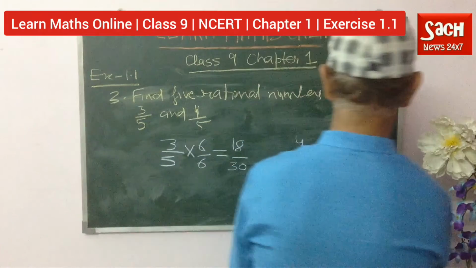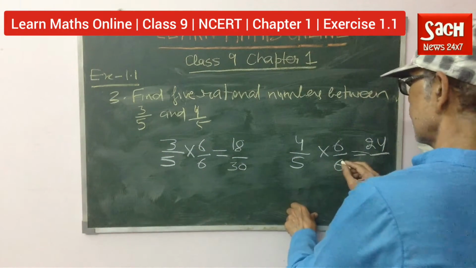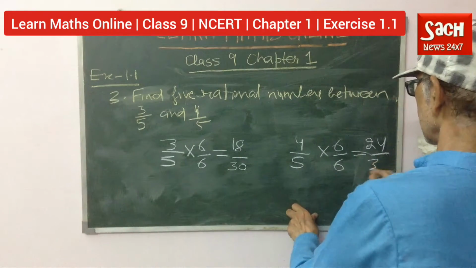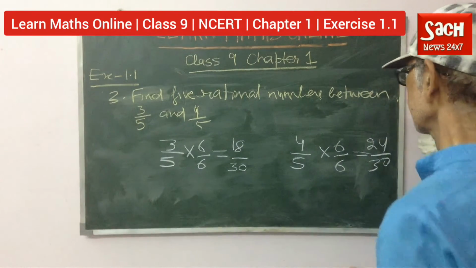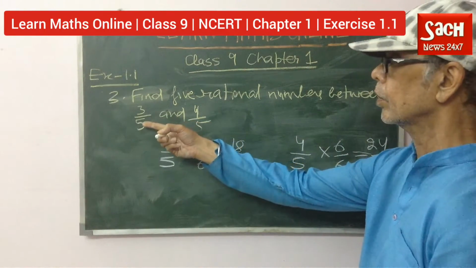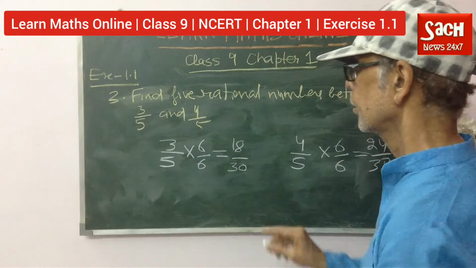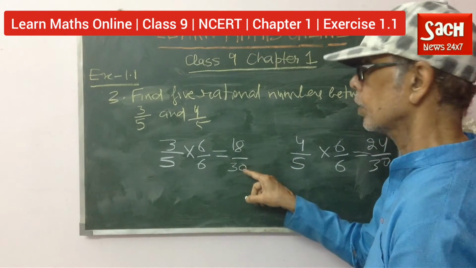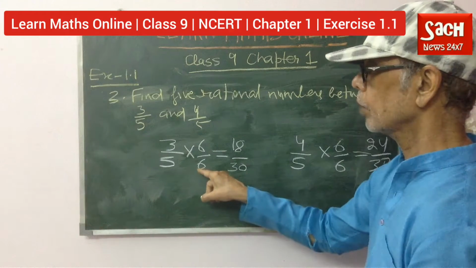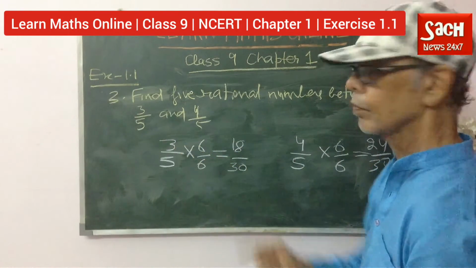Here 6 into 4 is 24, divided by 5 into 6 is 30. If you cancel, then you will naturally find 3 by 5 and 4 by 5. The denominator is 30. You have multiplied by 6. Here it is 18 because you have multiplied by 6.